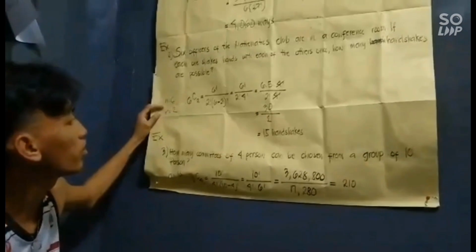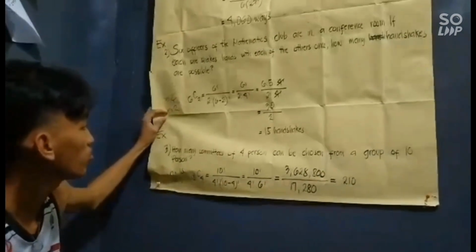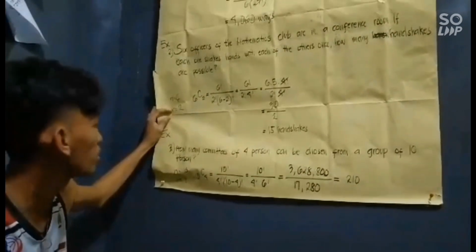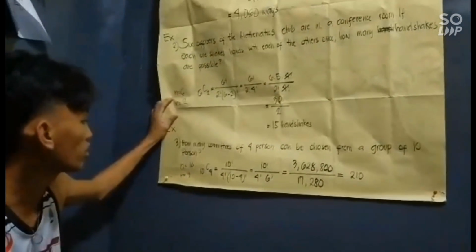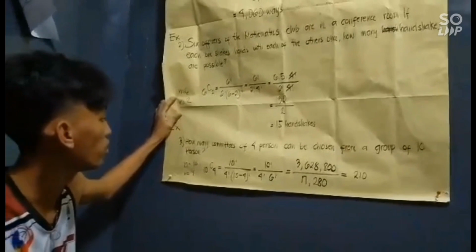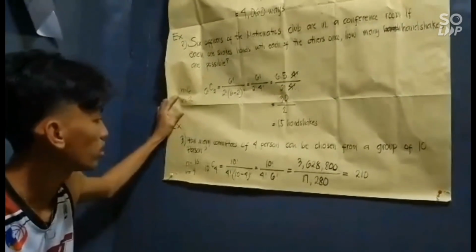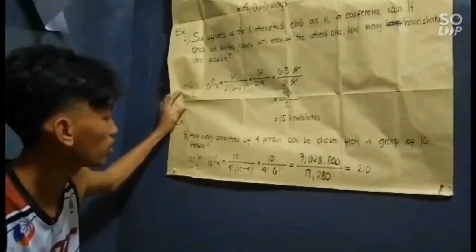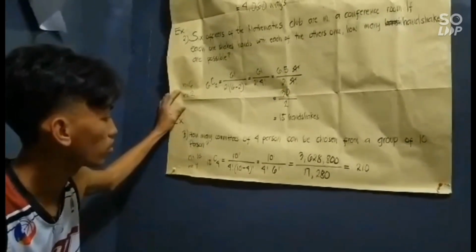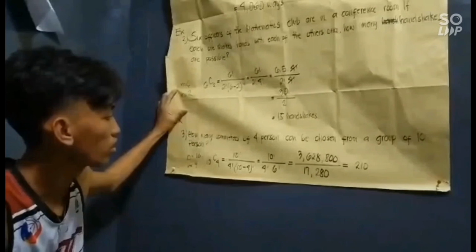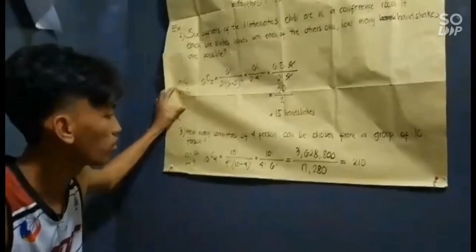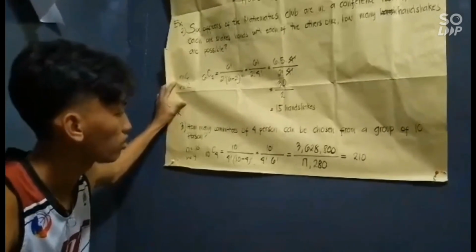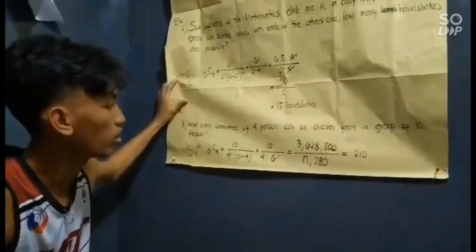The next example of combination. How many committees of 4 persons can be chosen from a group of 10 persons? The n is 10, the r is 4. Combination equals 10 factorial over 4 factorial times (10 minus 4) factorial, equals 10 factorial over 4 factorial times 6 factorial.